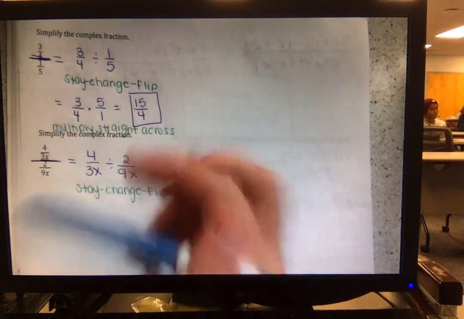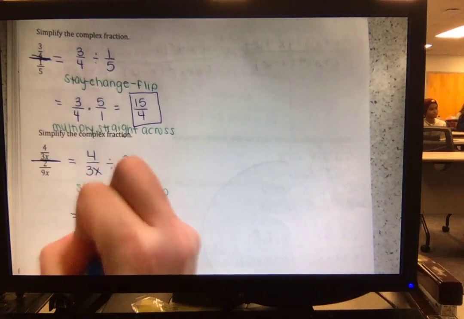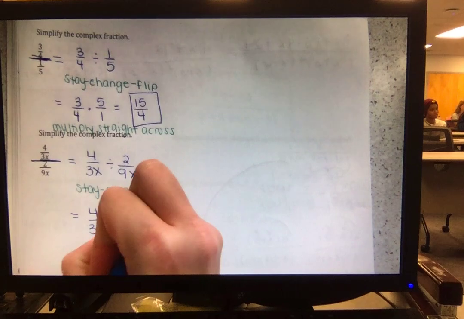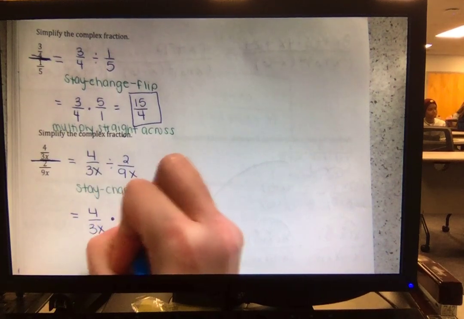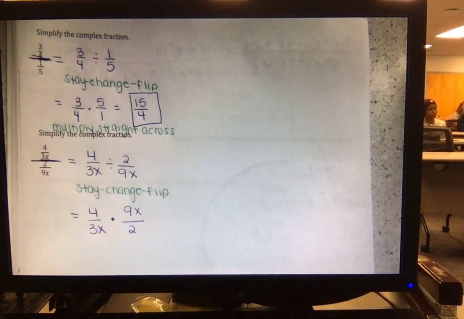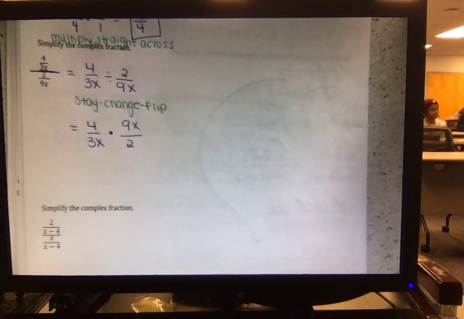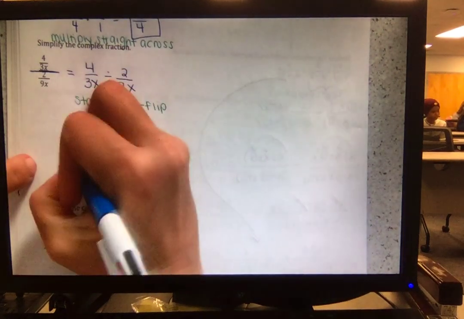So our first fraction is going to stay the same, so 4 over 3x. Our operation is going to change from division to multiplication, and we are going to flip our second fraction. So 4 over 3x times 9x over 2. So now that it's multiplication, we can multiply straight across.